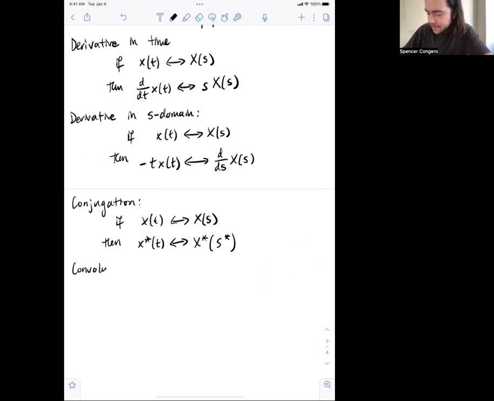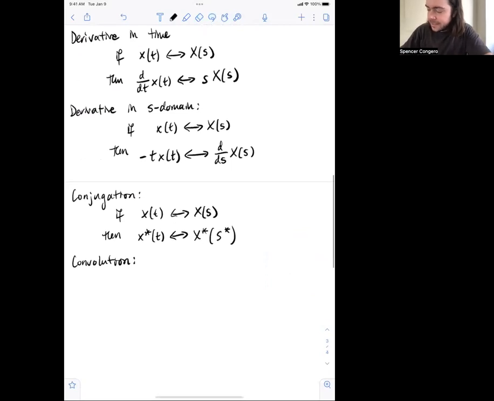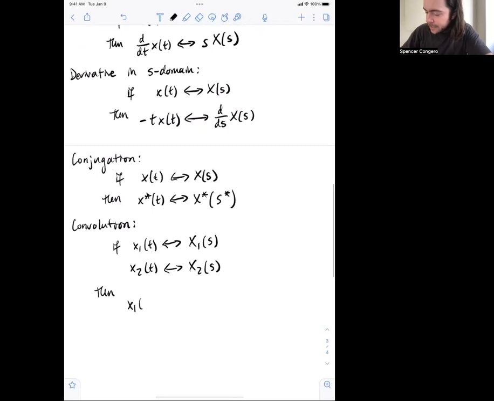Finally, last one, convolution. Now if I have x1 of t with Laplace transform X1 of s, and I have x2 of t with Laplace transform X2 of s, then what happens when I convolve? Well, I bet you all can guess.